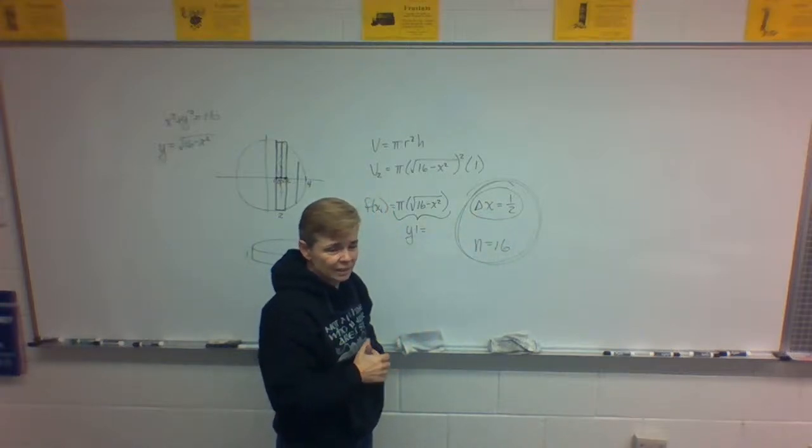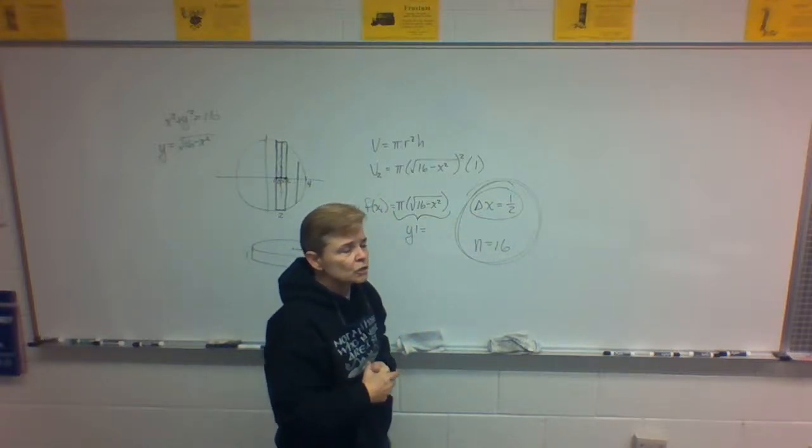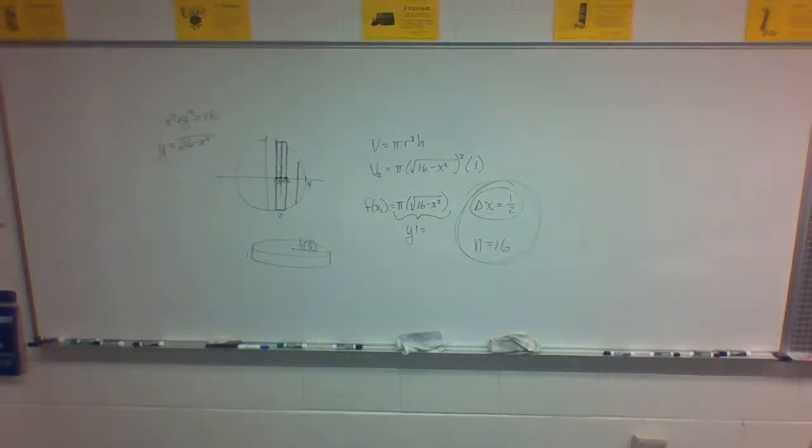You understand that, Kylie? Yeah? So do it again, and leave your f of x, instead of what you had the first time, just leave it pi times the square root of 16 minus x squared. Stop. That's the two-dimensional part. Do the Riemann on that y1. When you tell it that the partition number is 16, it will automatically make each width a half.